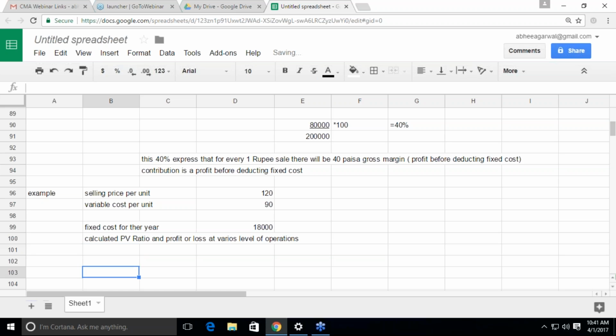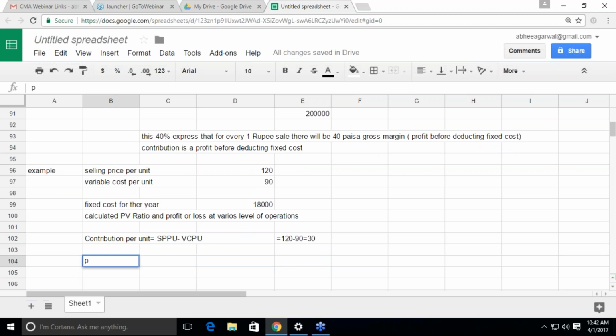Okay. So if I want to calculate the PV ratio, I should know the selling price and contribution. Selling price per unit 120 is given, variable cost per unit 90. So contribution per unit is equal to selling price per unit minus variable cost per unit. So the contribution per unit will be 120 minus 90 is equal to 30.